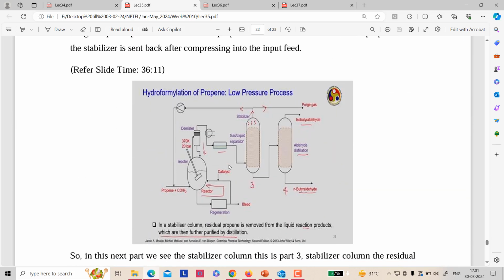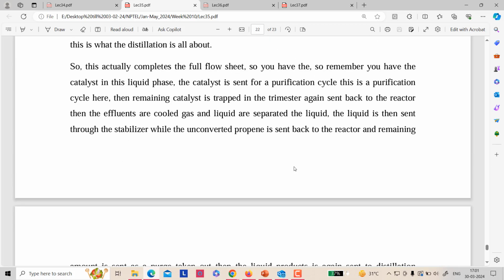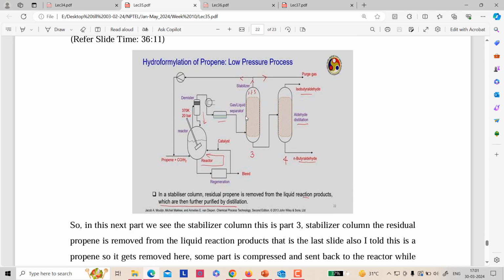Then this goes into the stabilizer column where residual propene is removed from the liquid reaction products, which are then further purified by the aldehyde distillation column. From the stabilizer, some of the gases or unreacted propene are recycled, and from the bottom the product is collected and separated into isobutyraldehyde and n-butyraldehyde. These are the four steps.